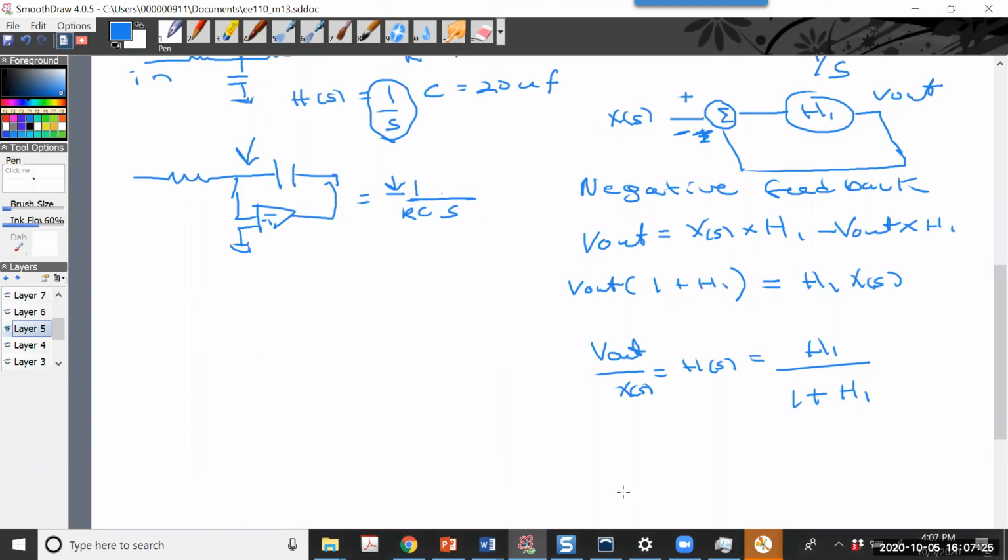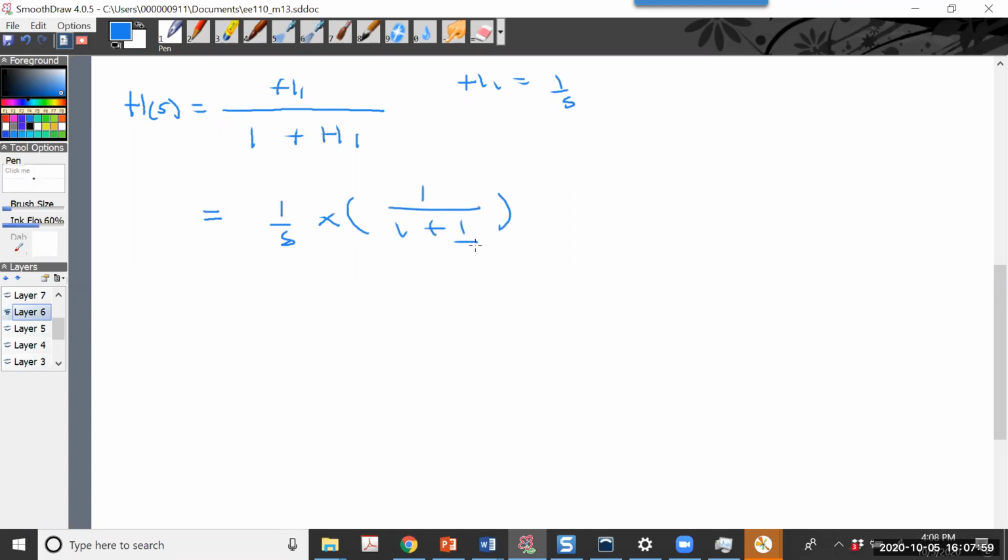Now, in this case, H1 equaled 1 over S. So that's 1 over S times 1 over S, and we have a low pass filter, right?